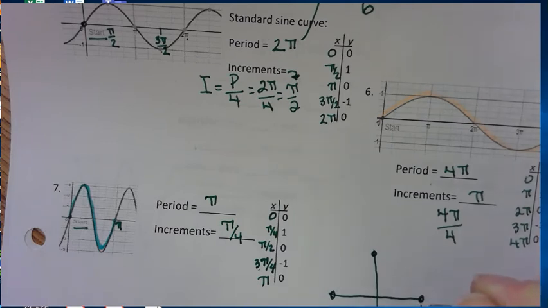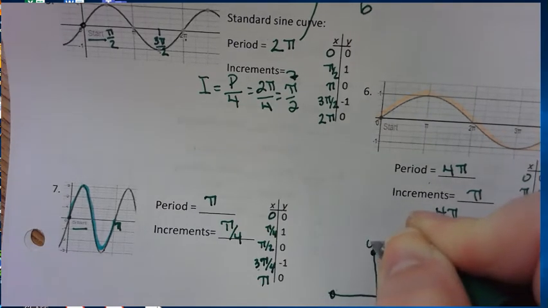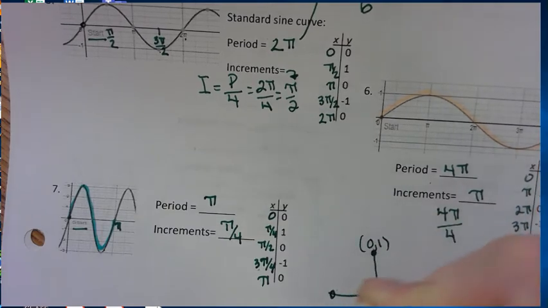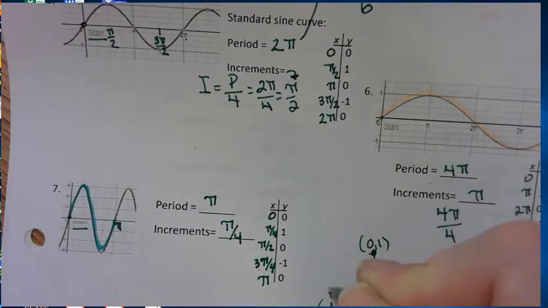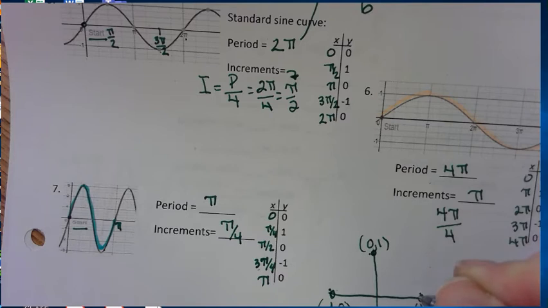It's out 1 up 0, out 0 up 1, back 1 up 0, out 0 down 1. And this is all at 0, pi over 2, pi, 3 pi over 2, and back to 2 pi.